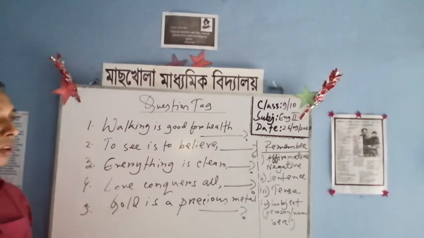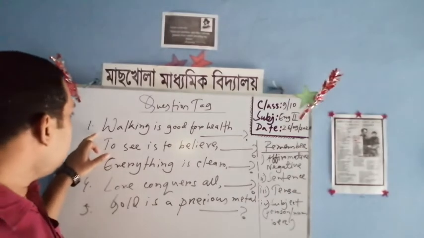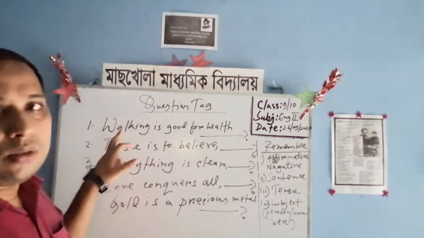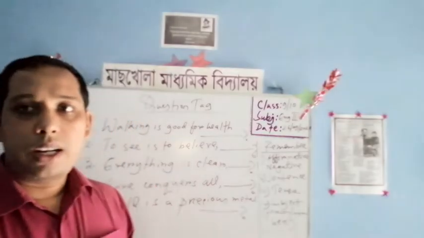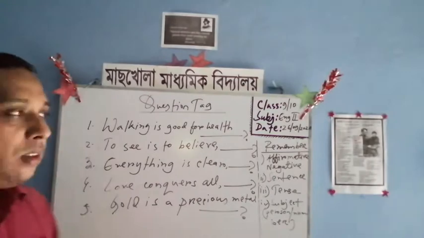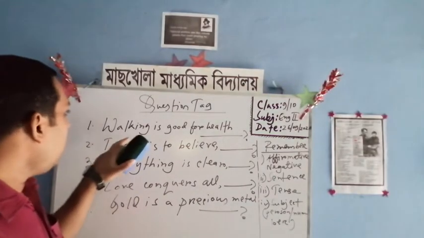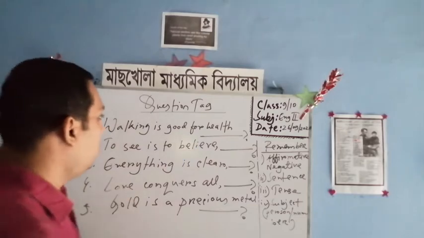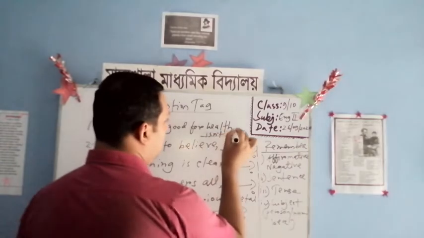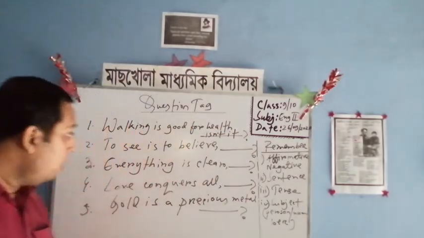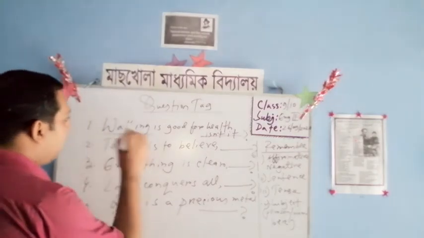So let's start solving. Now you tell me, is the first one, walking is good for health, a negative or an affirmative sentence? Yes, my dear students, this is an affirmative sentence, so we have to answer in negative: isn't it? Look at the word walking.